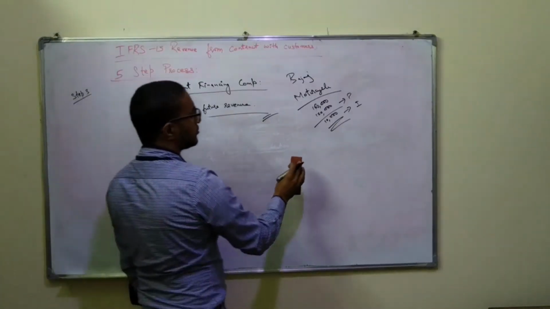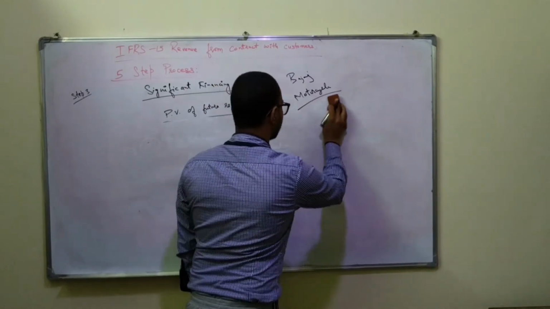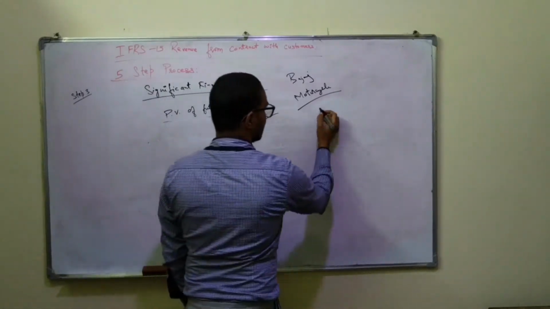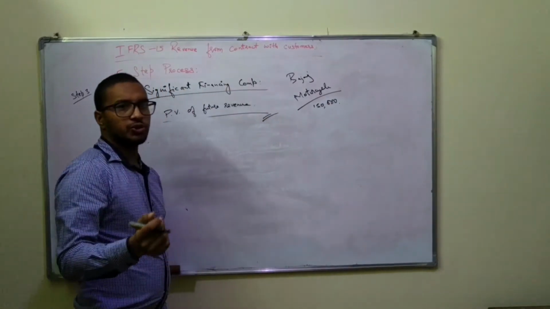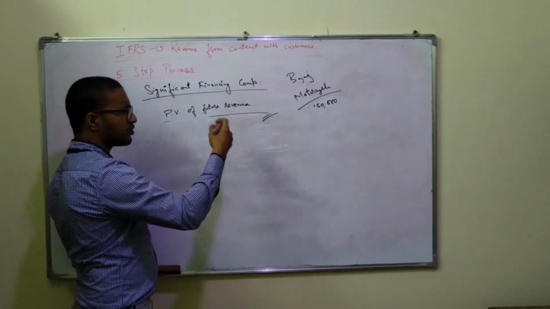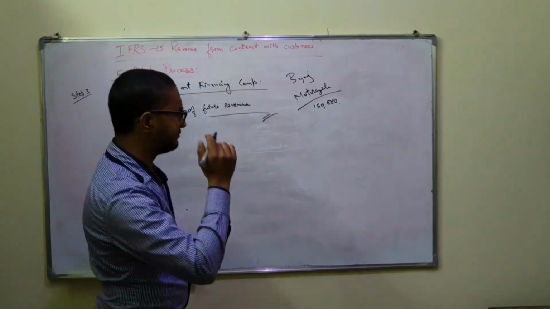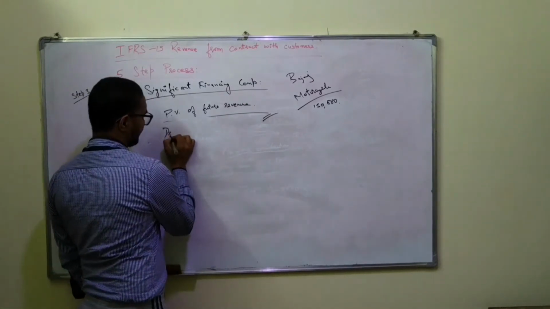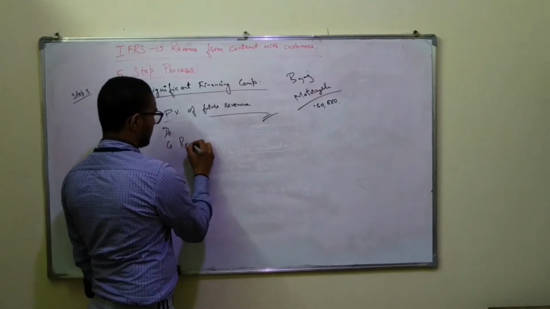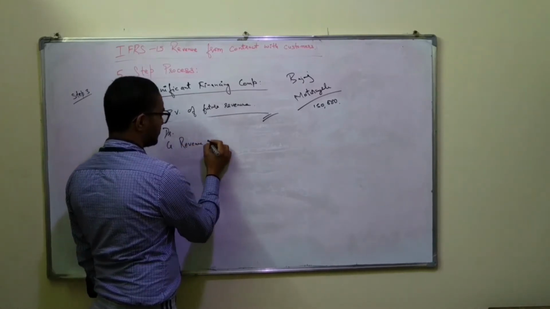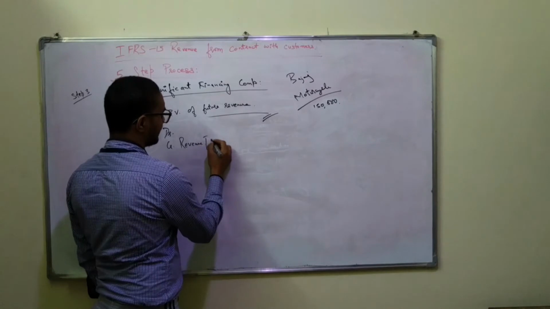Suppose Bajaj is selling a particular motorbike for 150,000, and you are receiving the payment after 1 year. How much revenue should you recognize?